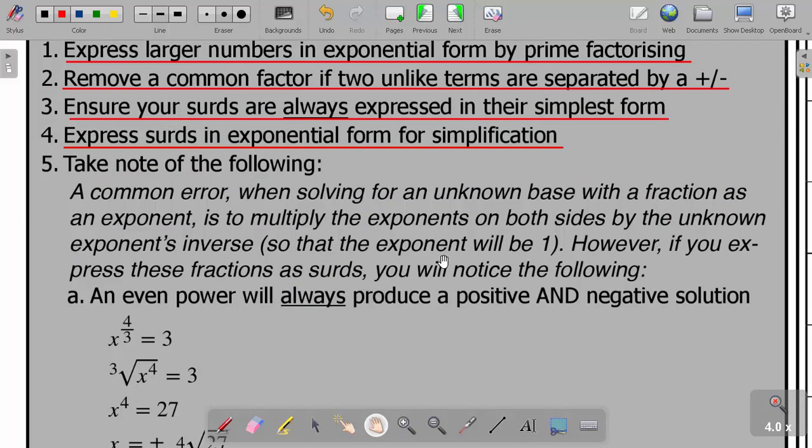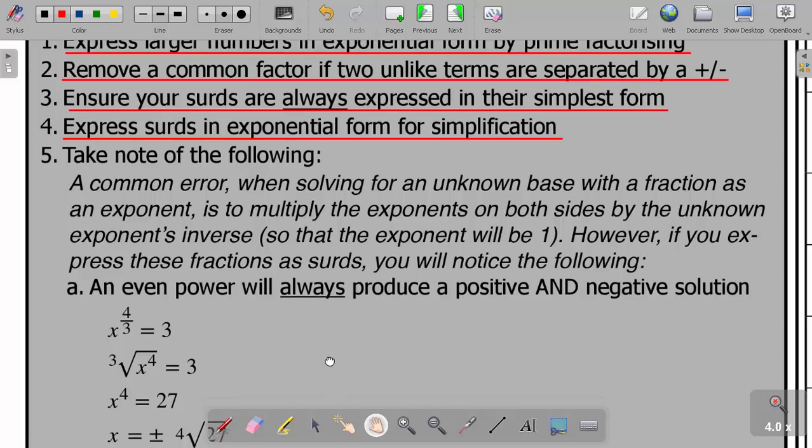When solving for an unknown base with a fraction as an exponent, the common error is to multiply the exponents on both sides by the unknown exponent's inverse so that the exponent will be 1. That's very wrong. However, if you express these fractions as SURDS, you will notice the following.